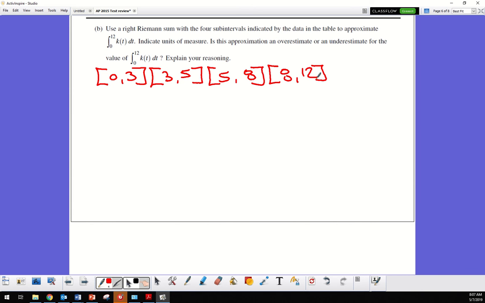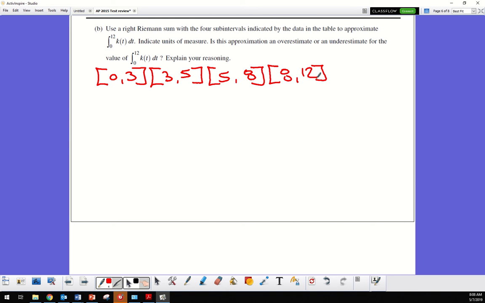So these are making rectangles, right? Riemann sum makes the rectangles. So my delta x is how far each interval is, and since it's right-hand, the height will be the value at 3, at 5, and at 12. So that's going to be the height of my rectangles.